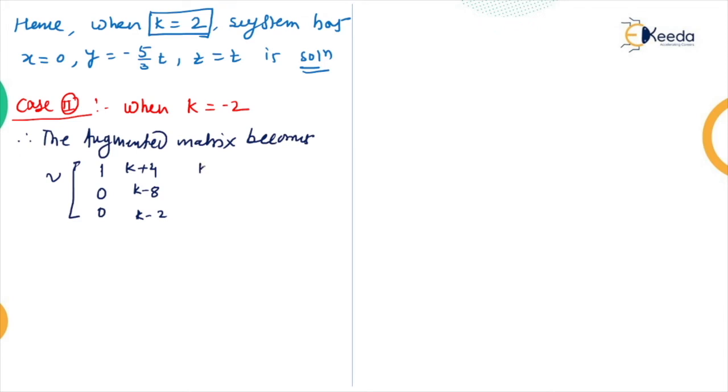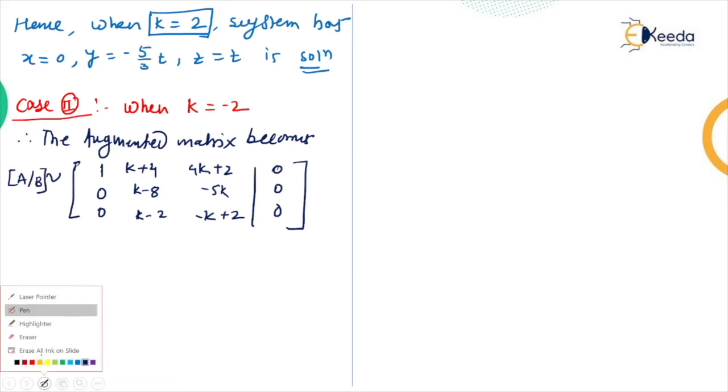The third column is 4k plus 2, minus 5k, minus k plus 2, and this is combined with the zero matrix 0 0 0. That is the augmented matrix. This is also denoted as the augmented matrix AB, or sometimes matrix B is 0.